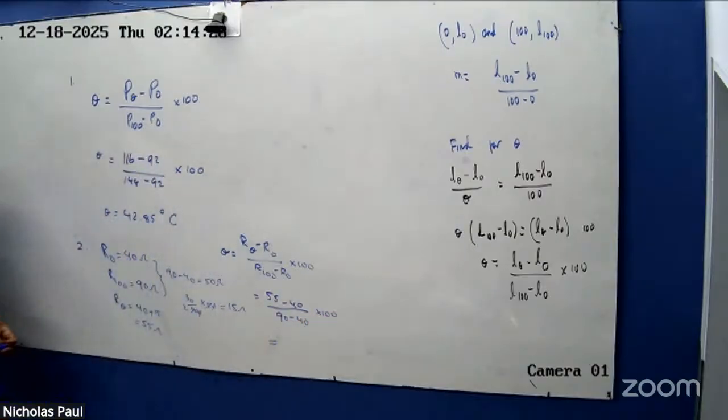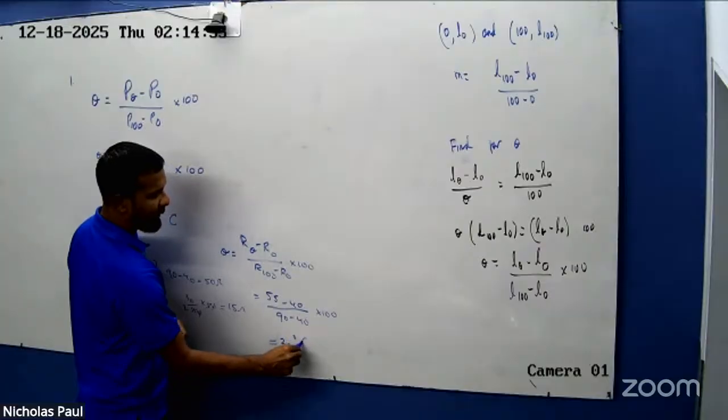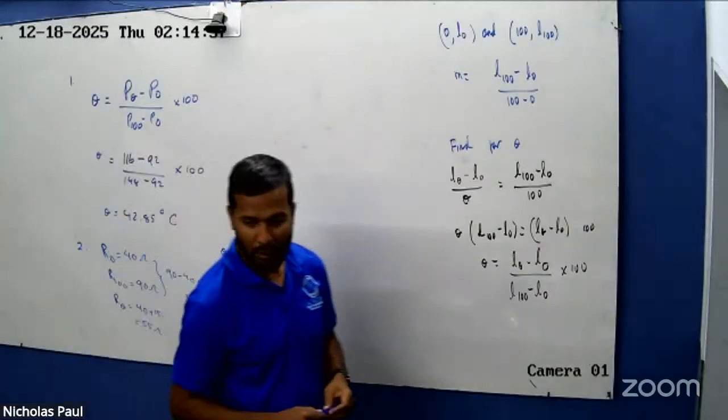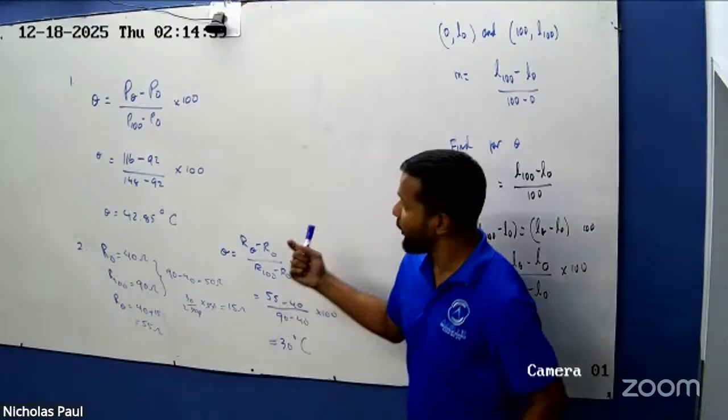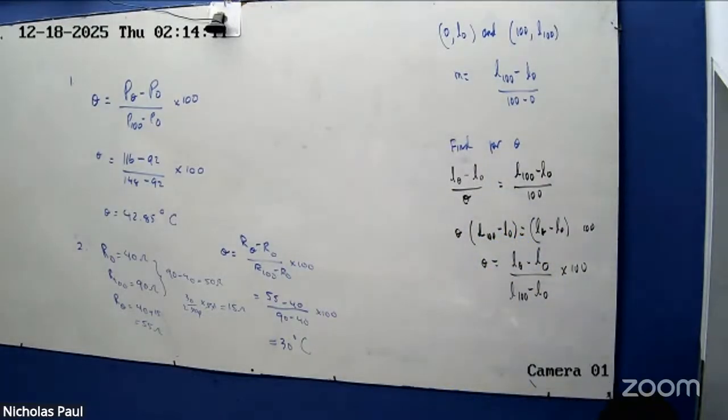How much is that? 30? 30 degrees Celsius. All right? So that's the way you do empirical formula, right? Let's do one from a past paper and then we go back to things on Form 5, right?